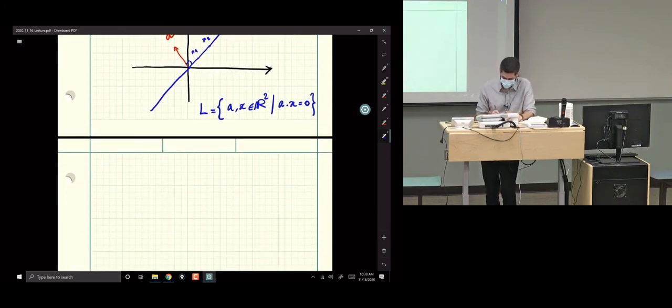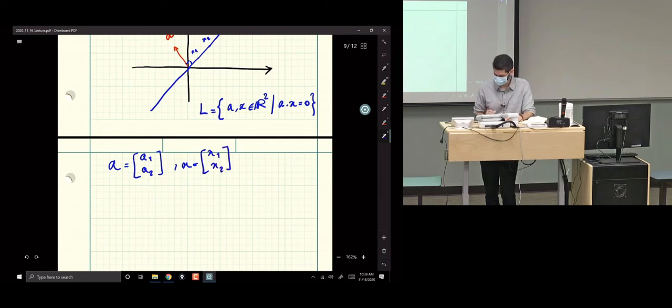Because, well, remember, A is just A1 and A2 in this case. And X is X1 and X2. A dot X equals A1 X1 plus A2 X2 equals 0. Can I write it like this?